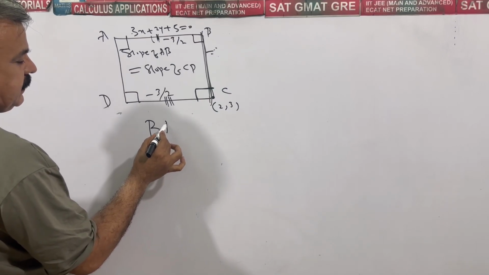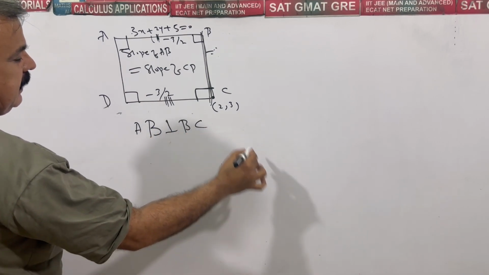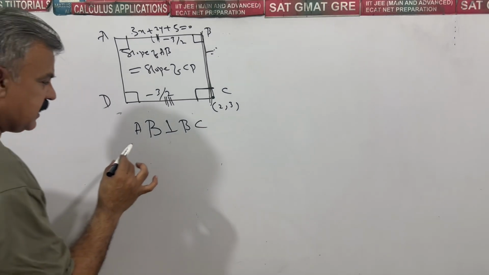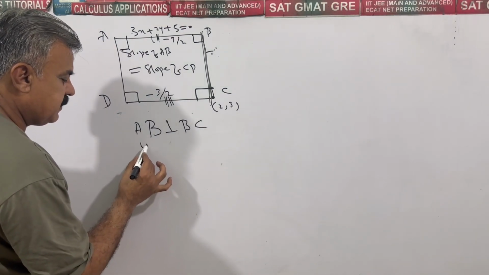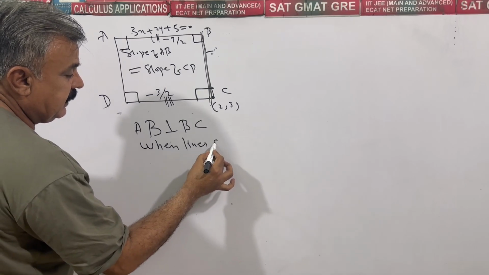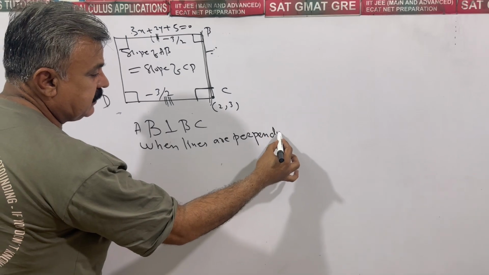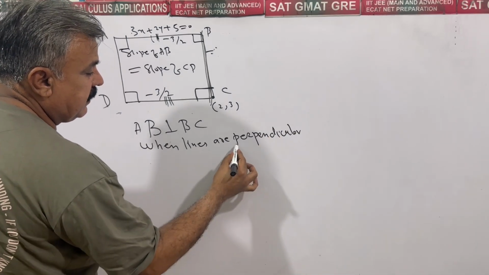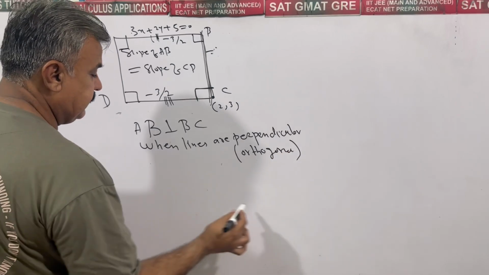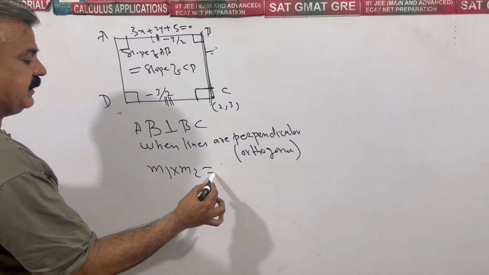AB is perpendicular to BC. When lines are perpendicular, some people write orthogonal, it's the same, then the product of the slopes is equal to negative unity.